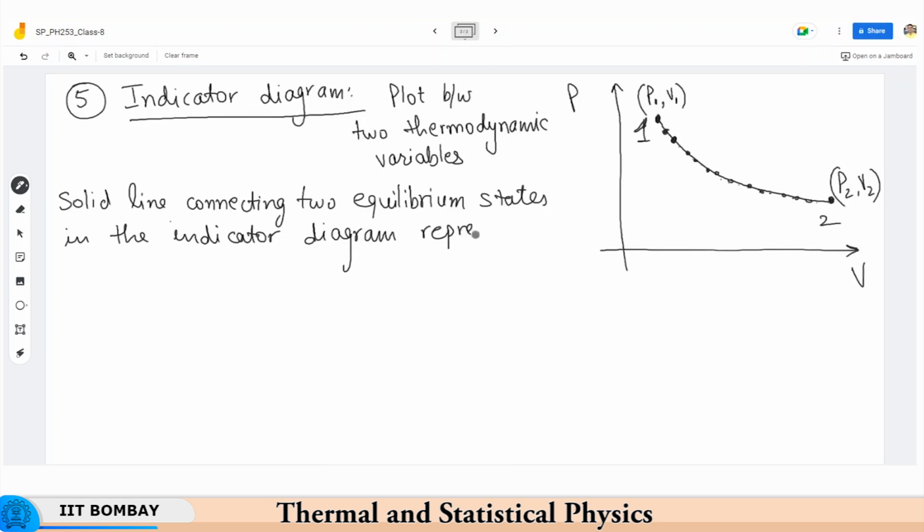Represents what's known as a reversible process. Okay, there's another definition. A reversible process is such that all the states in between two states are also in equilibrium, right?